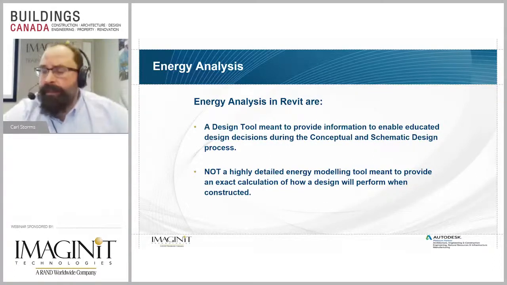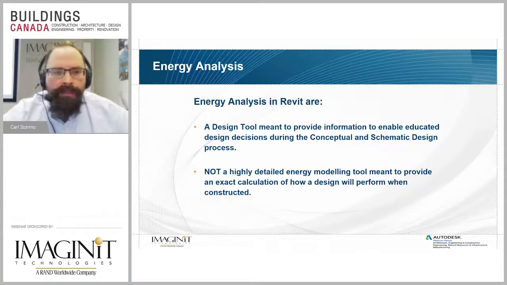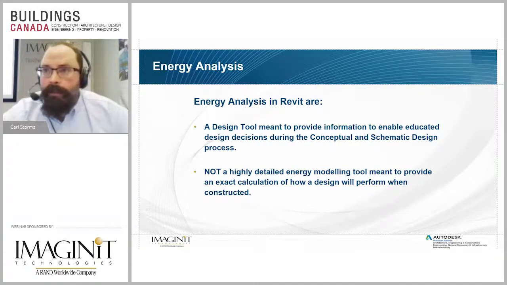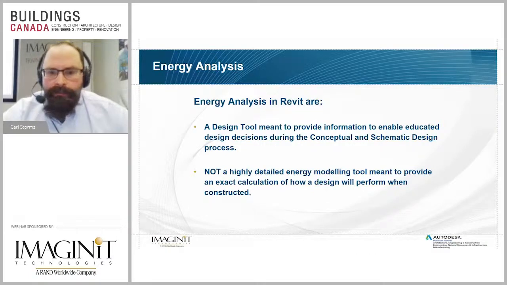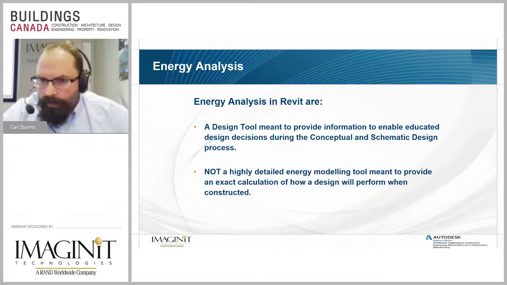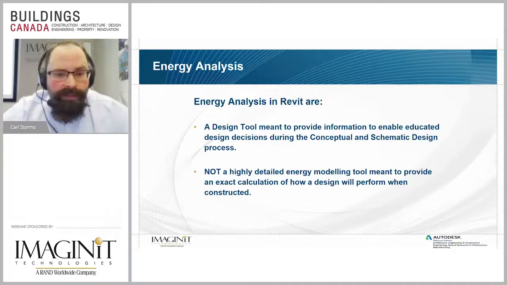Now, what it does give you as you're working through the energy analysis phase is it allows you to apply assumptions. And this is why it's such an expedient task as we're working through. A lot of these assumptions come from the hundreds and thousands of models that have been done before it inside of Green Building Studio, or what Autodesk is now using, Insight 360. So that information is there.